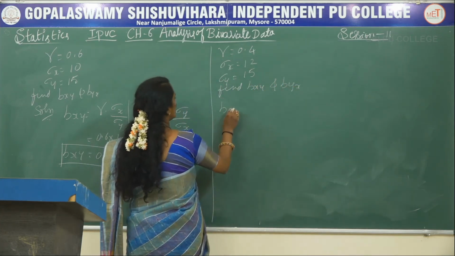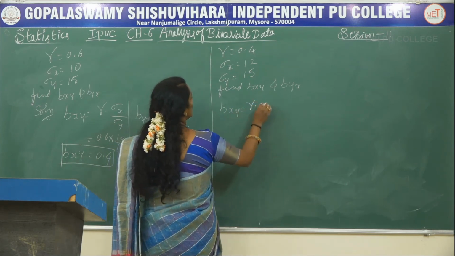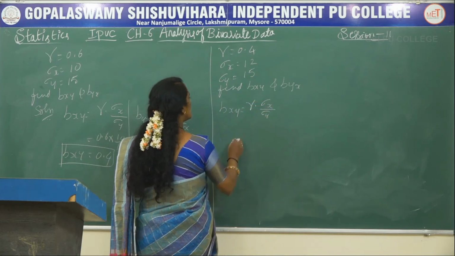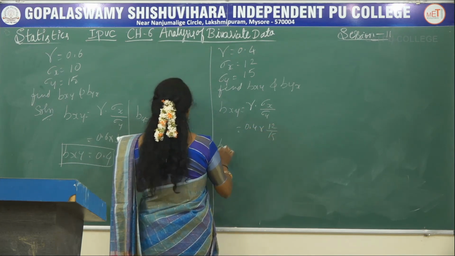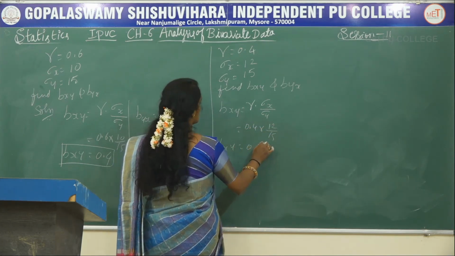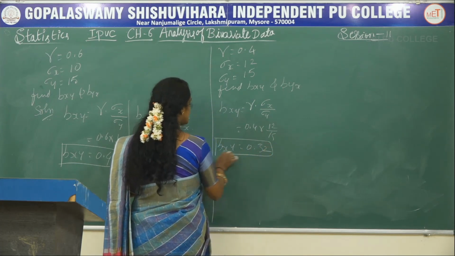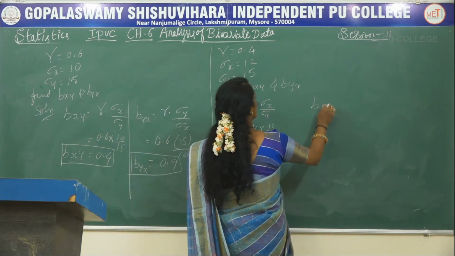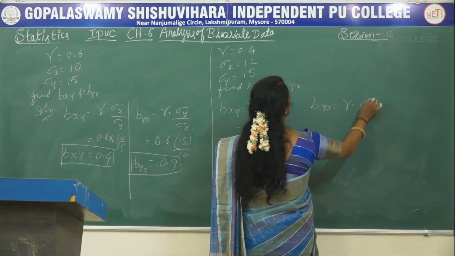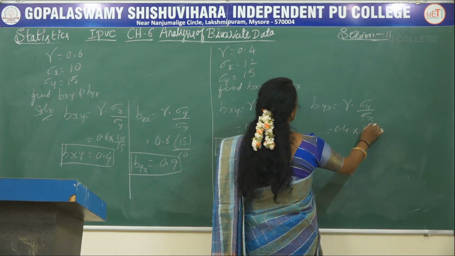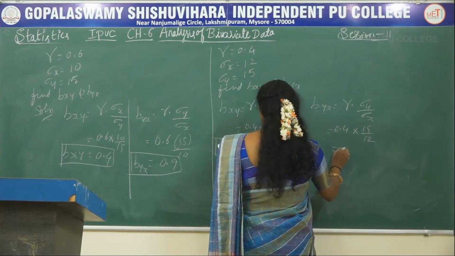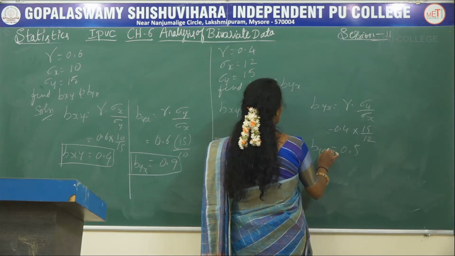Already we know that B of xy is equal to r into sigma x by sigma y. This is 0.4 into 12 by 15, and B of xy is equal to 0.32. Next, B of yx is equal to r into sigma y by sigma x. This is 0.4 into 15 by 12. So this is 0.5, B of yx.